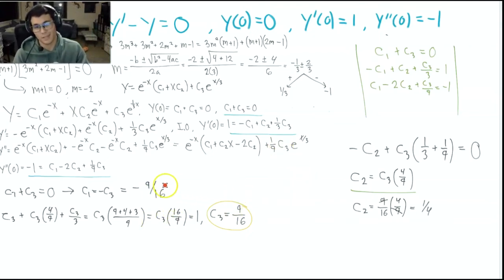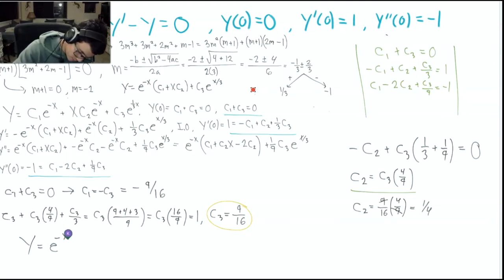Okay, a lot. So now we can write our actual answer without having any of these unknown constants. Remember that this is our actual answer right up here. y is e to the negative x multiplied by what's in here.